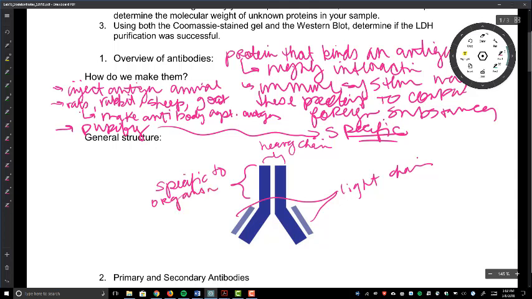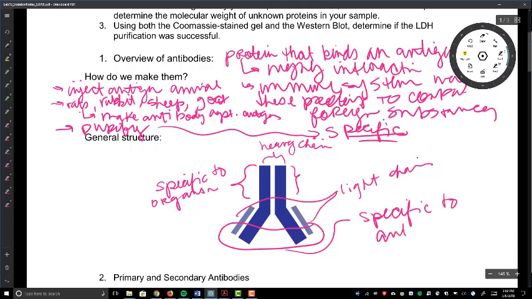So all rabbit antibodies are going to have the same top part, whereas the bottom part down here is the part that's specific to the antigen. With every antibody made in a rabbit, the top part is going to stay the same, but the bottom part is going to change in structure depending on the antigen that it's evolved to bind.